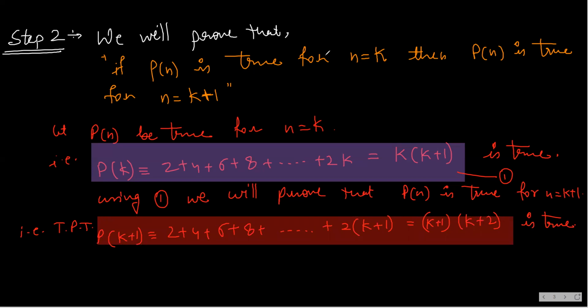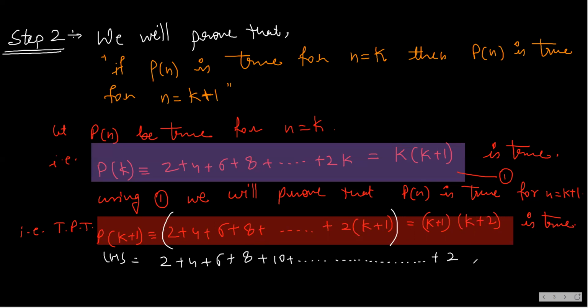So what I will do is take the LHS. This is my LHS. So LHS is 2 plus 4 plus 6 plus 8 plus 10 plus dot dot dot plus 2 times k plus 1.